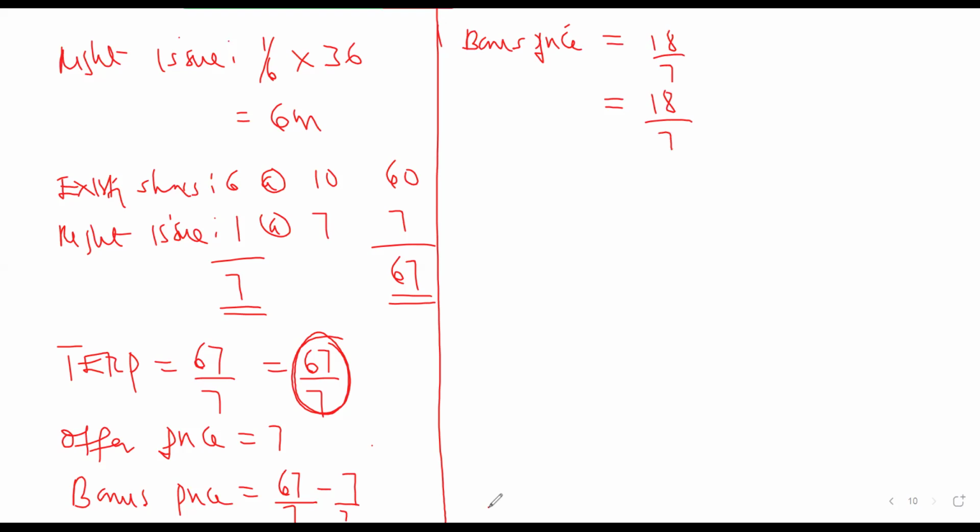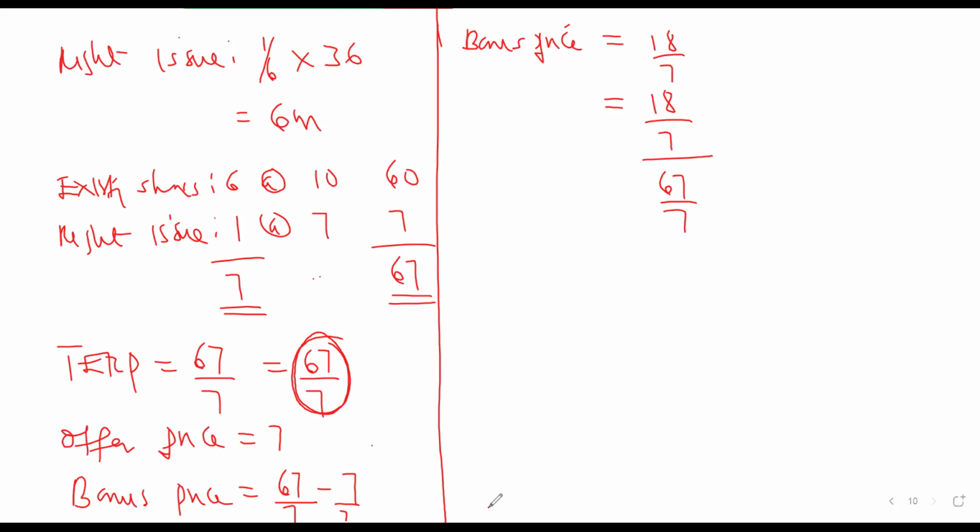So 18 over the price itself, which is 67/7, that is going to be worrying you a lot. So we can't separate because of the fractions. We cannot actually separate the bonus one and use the other alternative one. So this is what we are going to be using now.